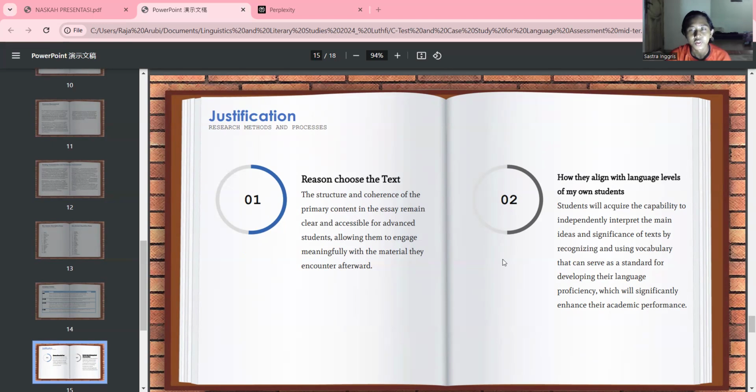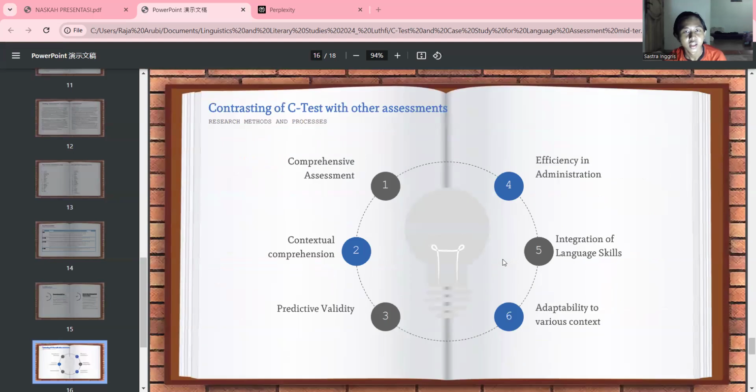So the conclusion is students will gain effortless language production in real-world application of language.